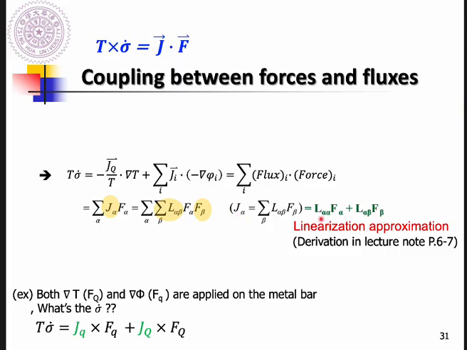So when I write them together, the alpha flux is directly driven by the alpha driving force for sure, but we also need to consider that F beta contributes some flux in the alpha flux, and how much it contributes depends on the magnitude of L alpha beta.